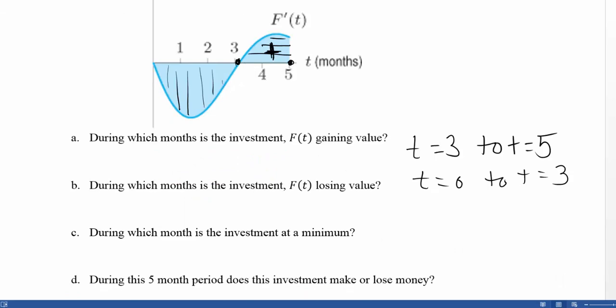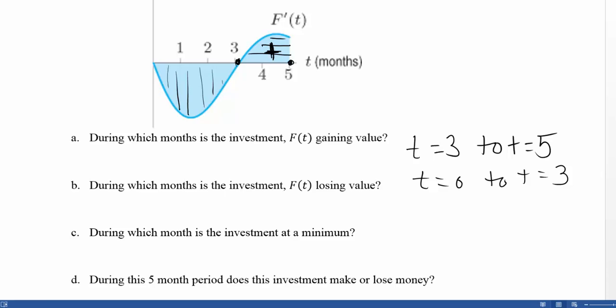So when do I have the least amount of money? So I want you to think about the starting point of this investment. In month 0, my investment is decreasing. And it continues decreasing until month 3. At month 3, it starts to increase again.